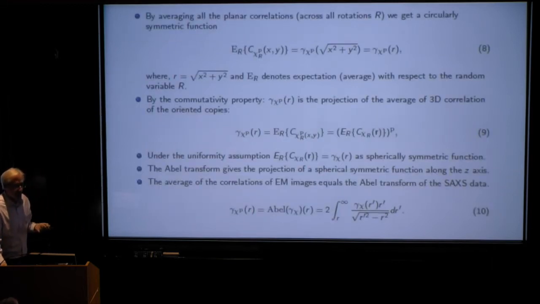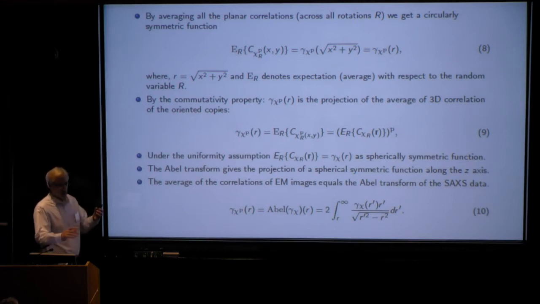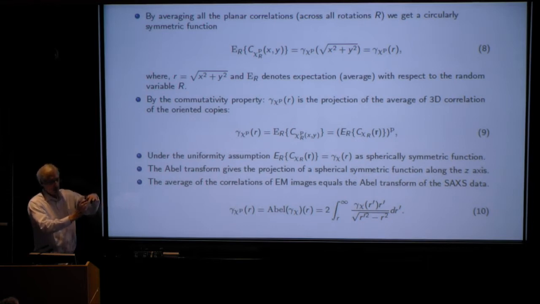So basically, what we can do is take the EM images, the slices in Fourier space, and divide those slice images into circles. We can average over each of those circles, and then average over all of the projection directions. So we get a P of R function for this data where it's P of R for circles, not for spheres.